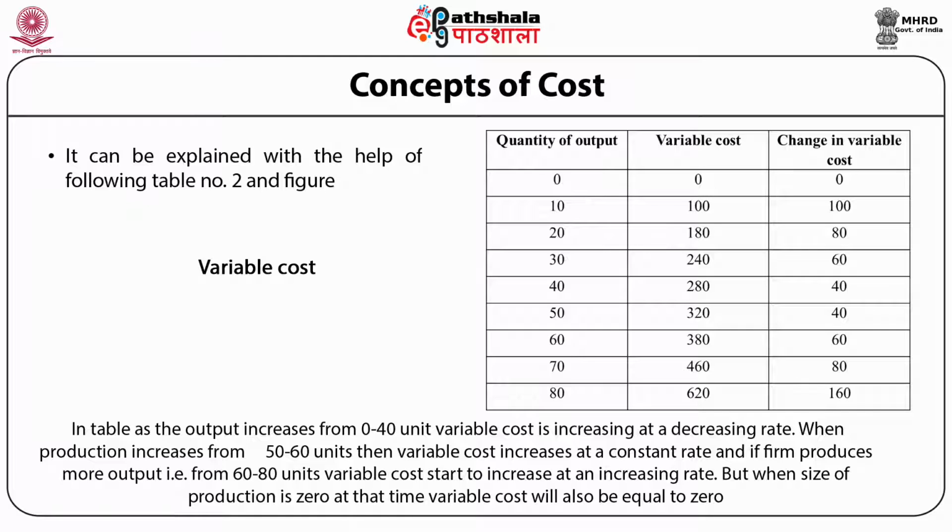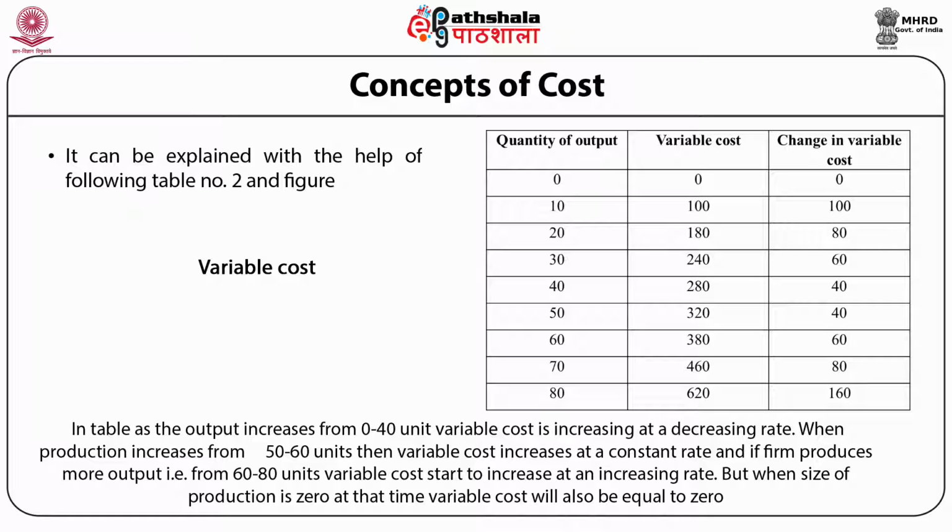But when firm goes on increasing their production from 50 to 60 units, then variable cost increases at a constant rate. And if firm produces more output, that is from 60 to 80 units, variable costs start to increase at an increasing rate.